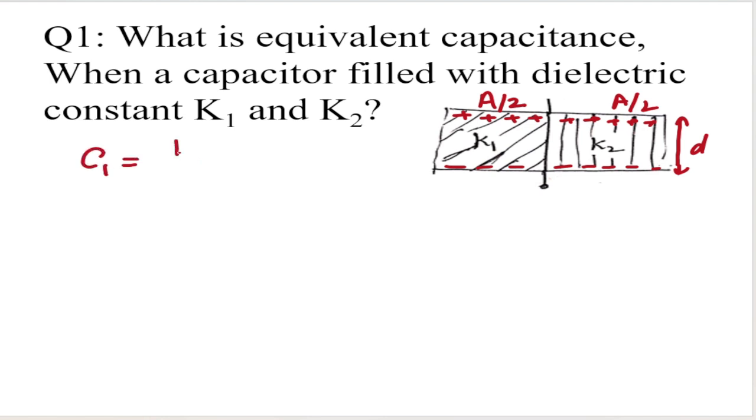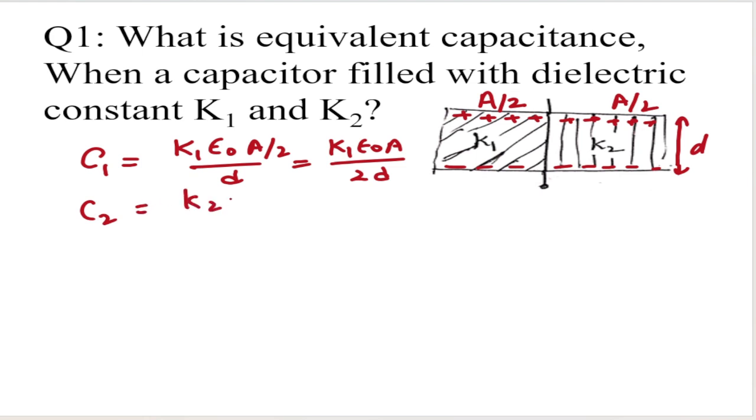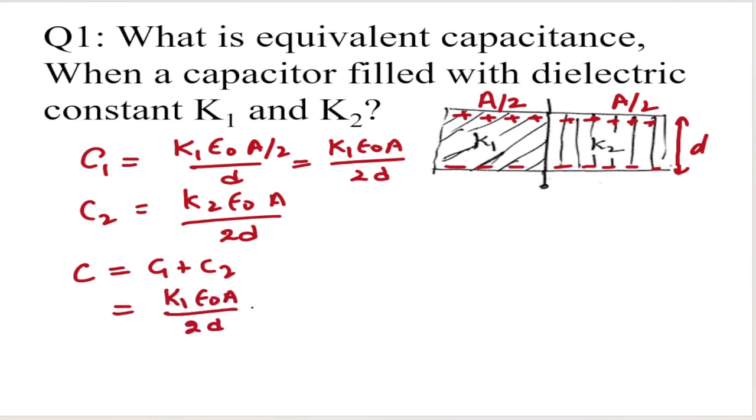So C1 equals K1 epsilon naught A by 2 upon D. वैल्यू हो गई K1 epsilon naught A upon 2D और C2 की वैल्यू K2 epsilon naught A upon 2D. Now the equivalent capacitance is C1 plus C2. C1 और C2 की वैल्यू put करें: K1 epsilon naught A upon 2D plus K2 epsilon naught A upon 2D.